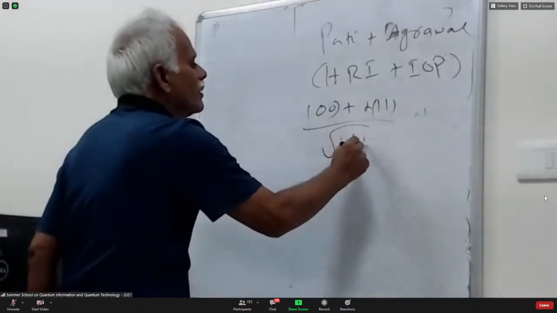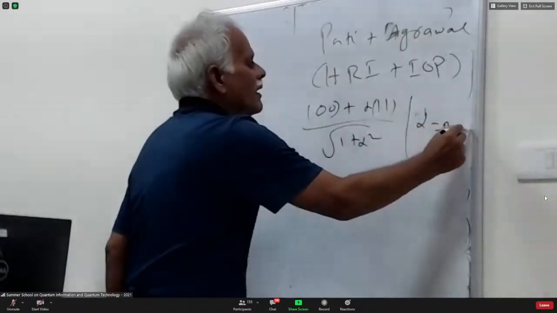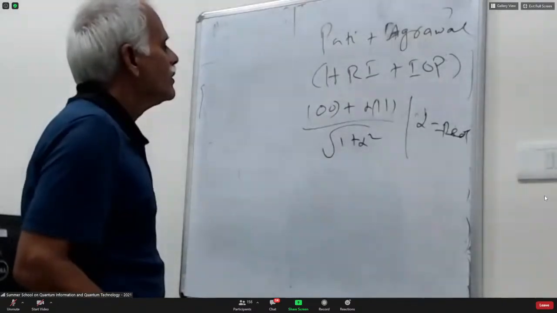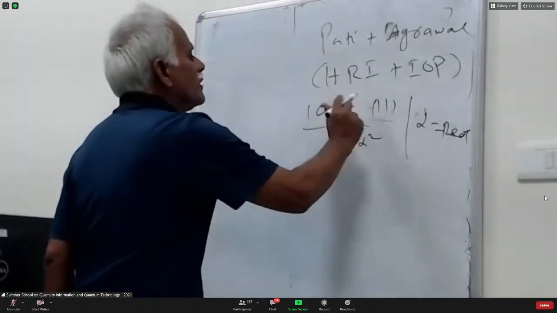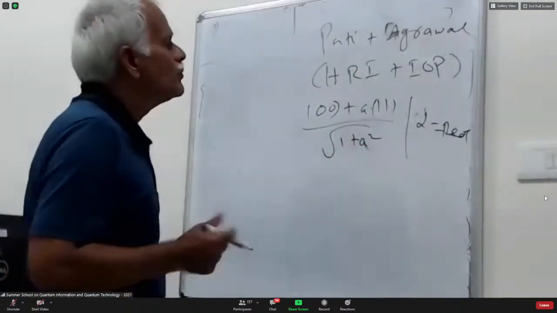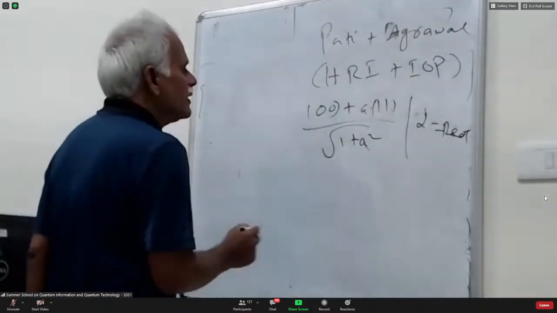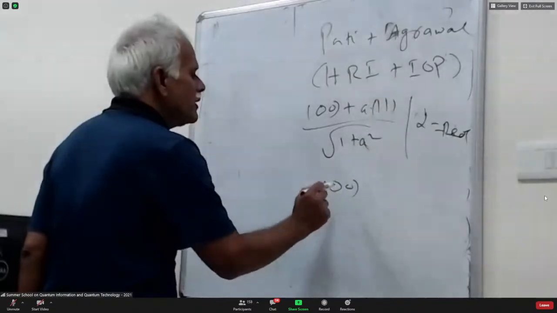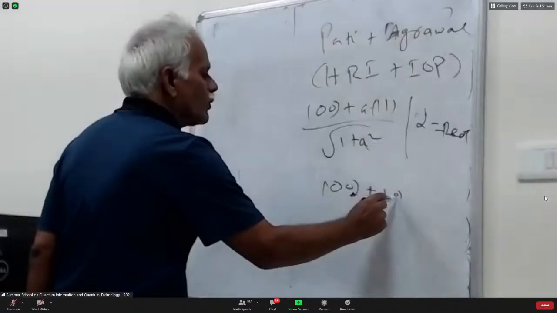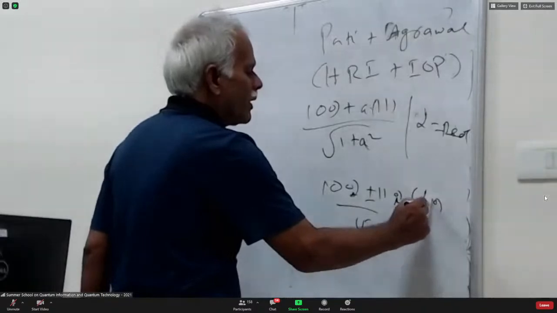Take this to be here, normalization is this. Expand in the same way. Try to do teleportation. Let me call it A, so that it doesn't get mixed up. You will find out half of the time it will work. Only half of the time. In the other half, even when you are expanding, you will be able to expand it as 0 Alice plus minus 1 Alice, by 2 alpha 0.